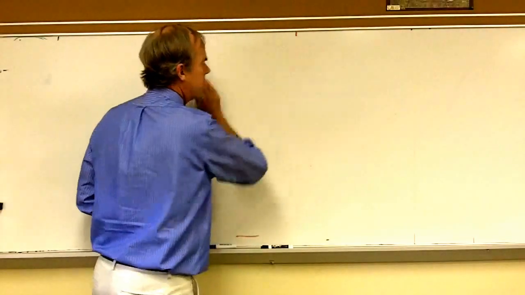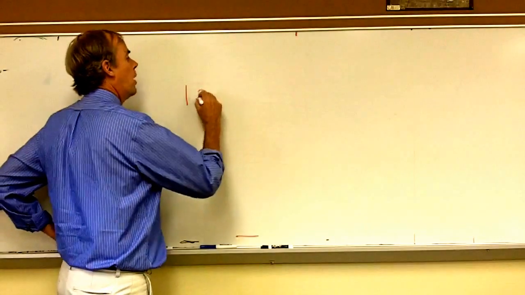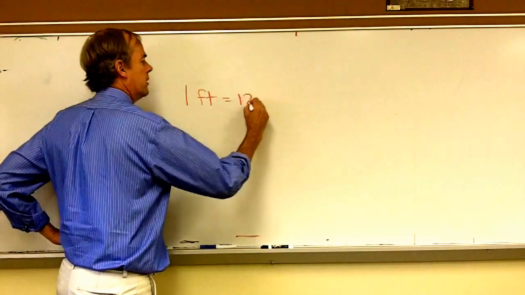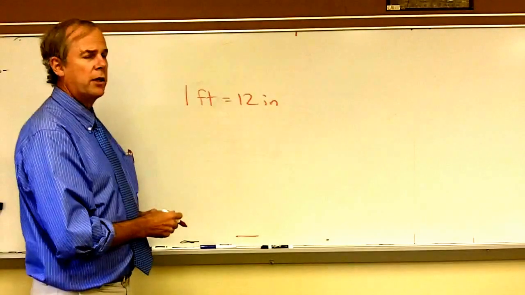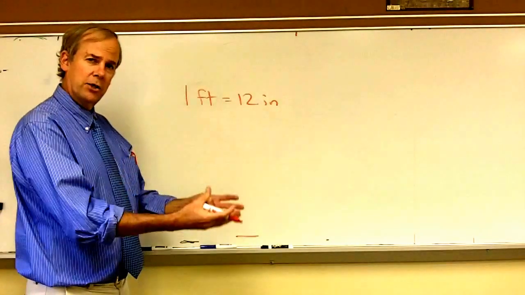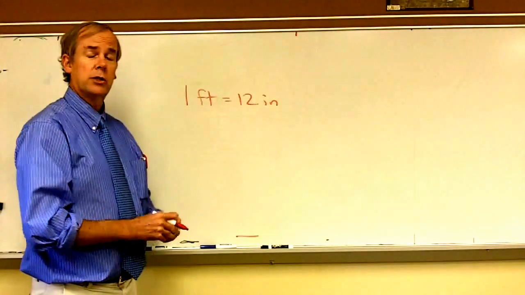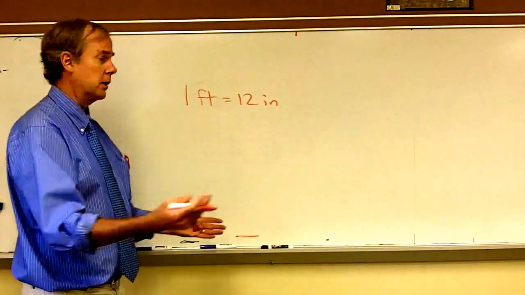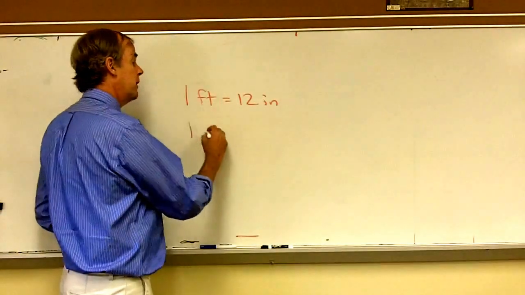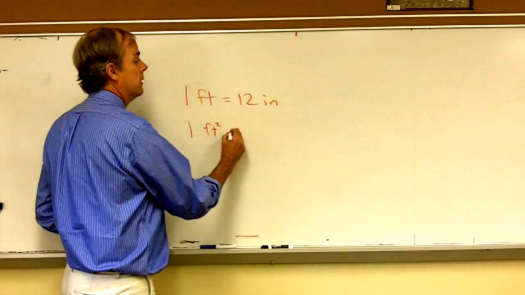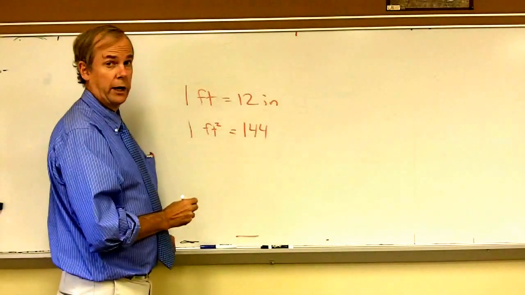is if I know a conversion in one dimension, namely that 1 foot is equivalent to 12 inches, well, if that's true in one dimension, then all I need to do is square both sides of the equation, and I still have an equation. 1 squared is merely 1. Feet times feet is feet squared. 12 times 12 is 144, or 12 squared.